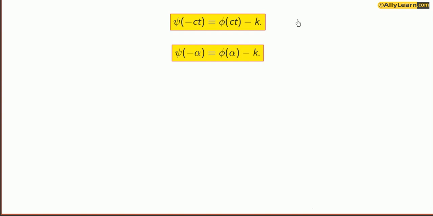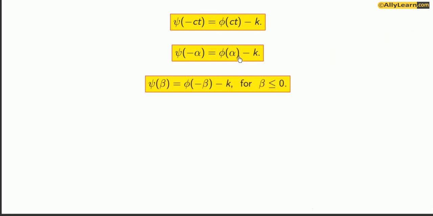So now we write this expression as: psi of minus alpha equals phi of alpha minus k, where this alpha is non-negative, since we are replacing ct with alpha and ct was non-negative. Now we can write this also in this form, that psi of beta equals phi of minus beta minus k, where beta is less than or equal to 0.